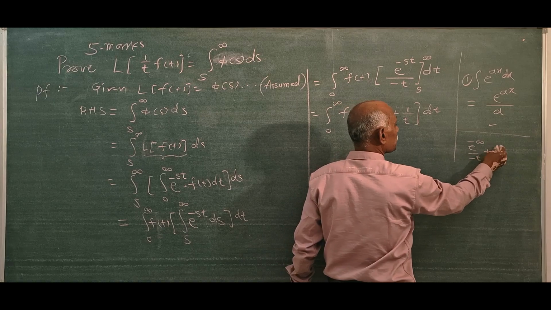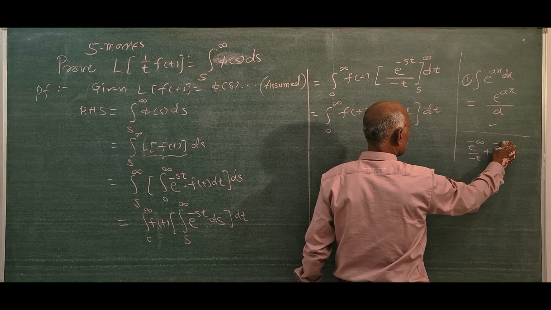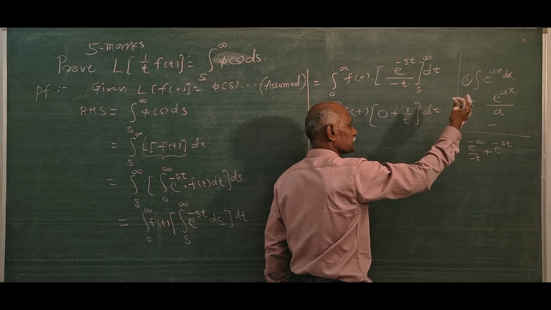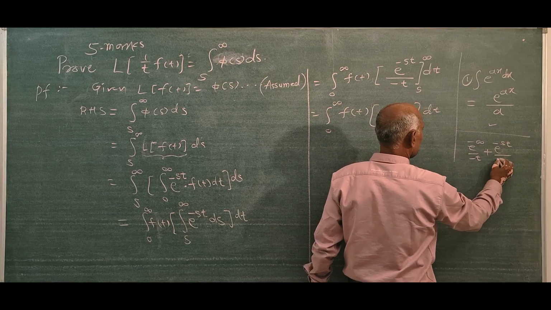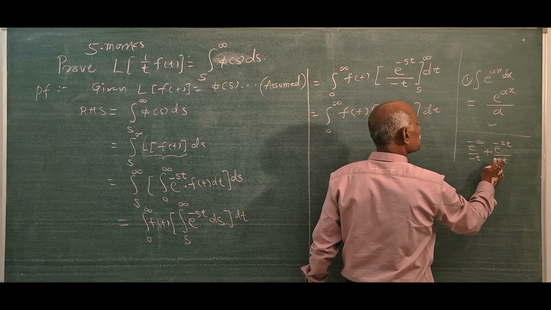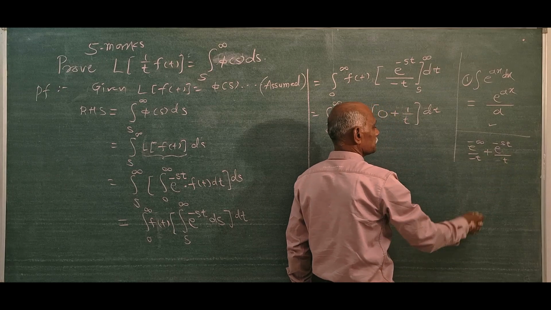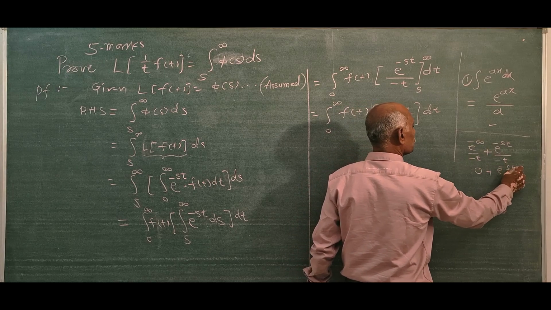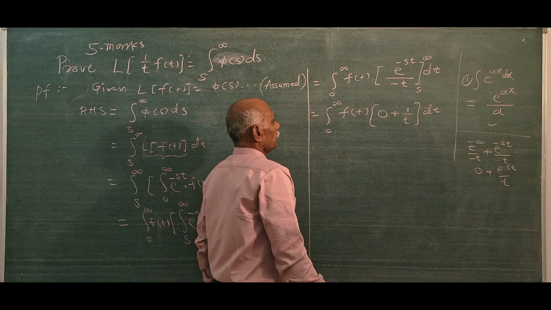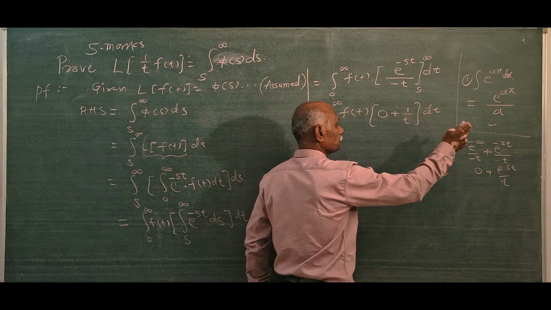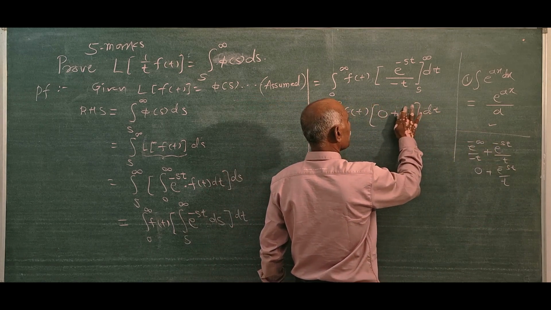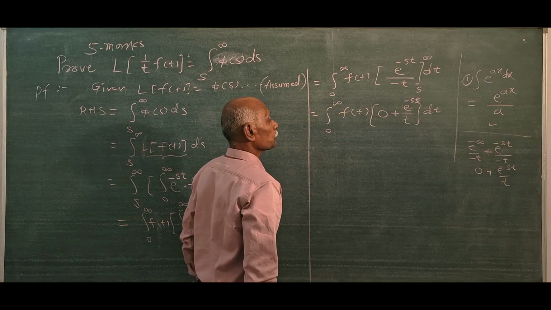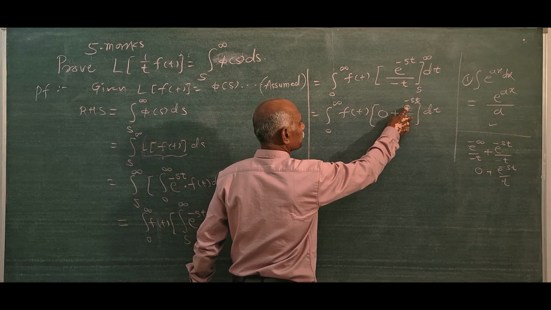So minus minus plus and e raised to minus st, because s is replaced by s, so it remains, and divided by minus t. So minus minus plus we have written, so I don't write this. e raised to minus infinity is 0, and therefore you are through. Okay. Here e raised to minus st, I have to write. Yes, it was wrong. Okay, this is correct.